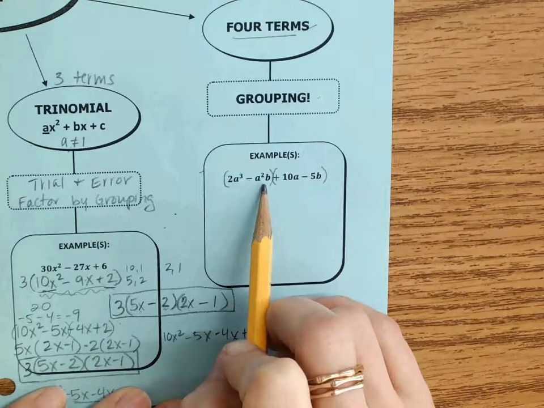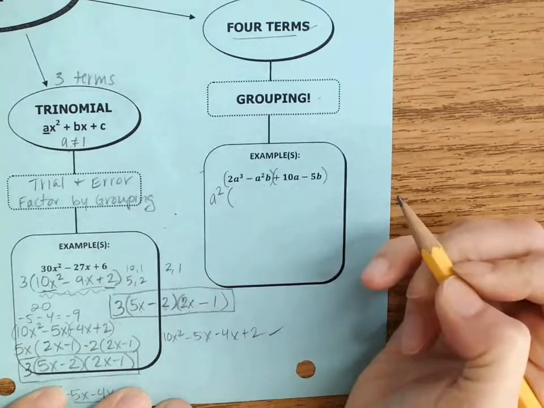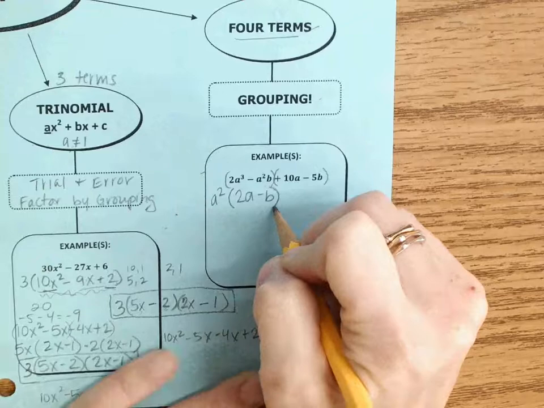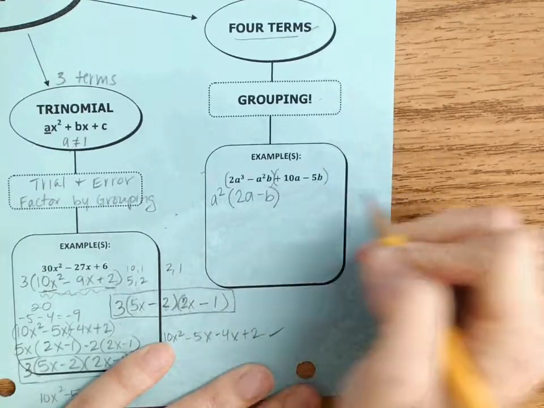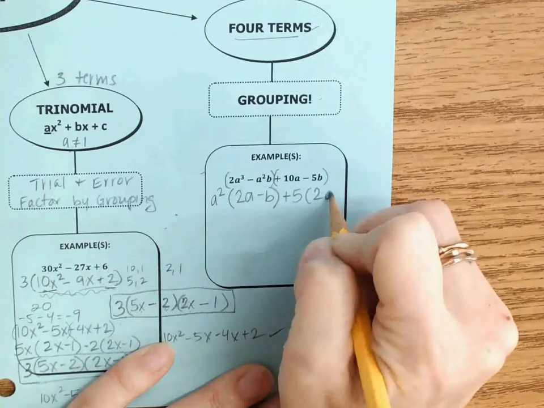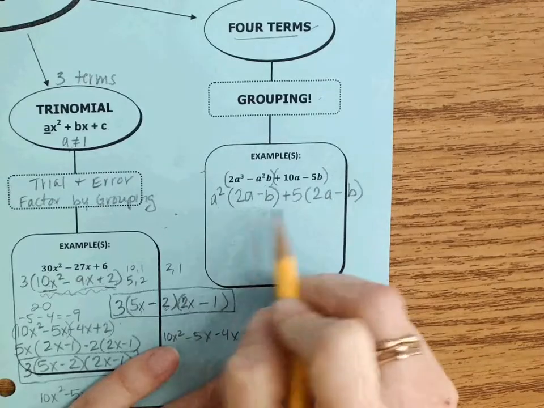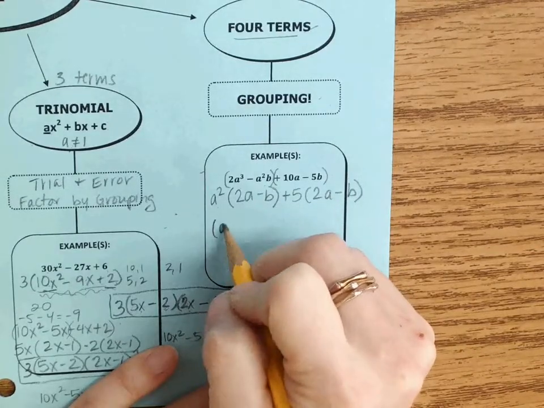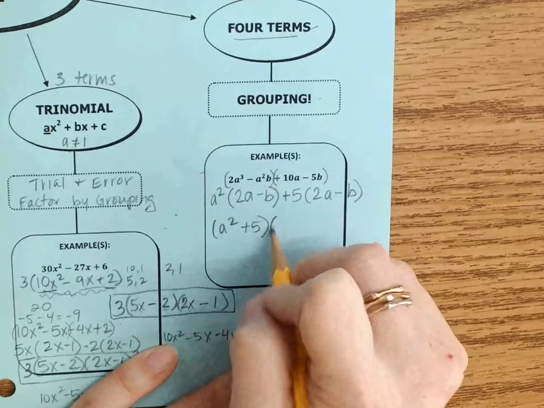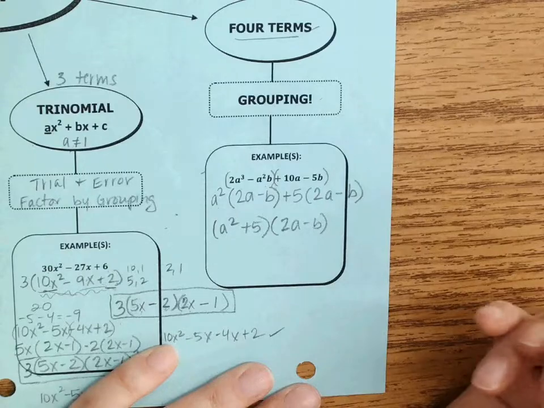So for my first binomial, the GCF is a squared. And when I factor that out, I'm left with 2a minus b. In my second set, I factor out a positive 5, and then I get 2a minus b again. Then I take each GCF and rewrite it in parentheses. So this is my first factor. Then I just rewrite my other binomial. So it's my other factor. And then that's it.